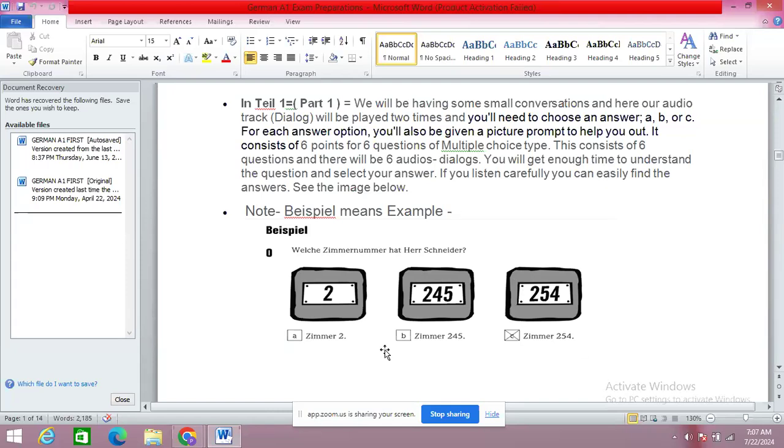On the answer sheet for A, B, C, you will put a cross for the option C. So in this Teil 1 we are going to have 6 questions. There will be 6 audios, meaning 6 small conversations. Each question has its individual small conversation. So there are 6 questions that we need to solve in our Teil eins for Hören.